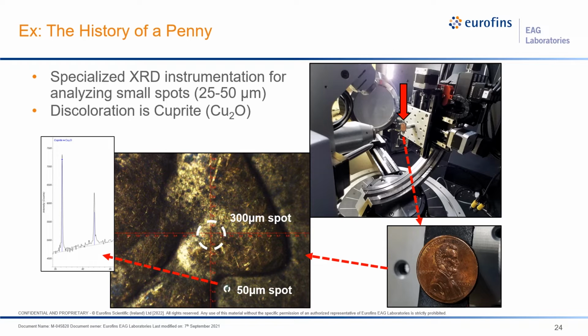This discoloration was a bit of cuprite, a very common form of copper oxide. A snippet of that diffraction pattern is shown there on the left. This technique is incredibly useful and can be used in a number of applications, from targeting a specific area on an integrated circuit to pinpointing a single particle that doesn't quite look like the rest.